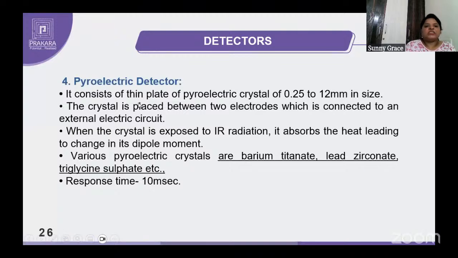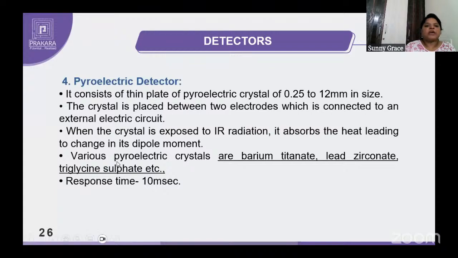It consists of a thin plate of pyroelectric crystal, 0.25 to 12 mm in size. This crystal is placed between two electrodes, which are connected to an external electric circuit. Whenever the crystal is exposed to IR radiation, it absorbs heat, leading to a change in the dipole moment, and you can directly read the intensity of the radiation falling on it from the recorded spectra.